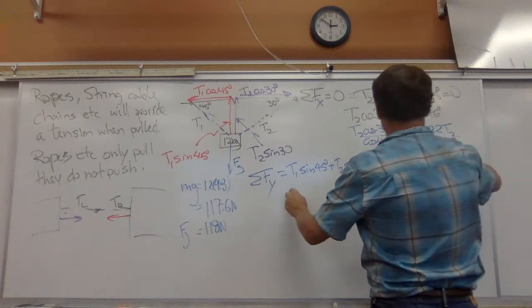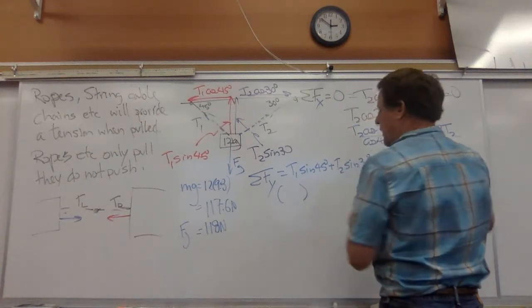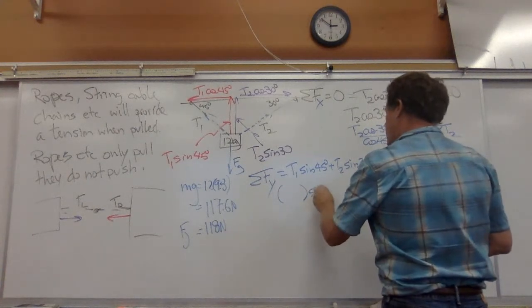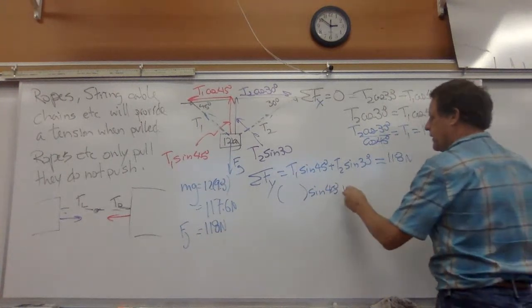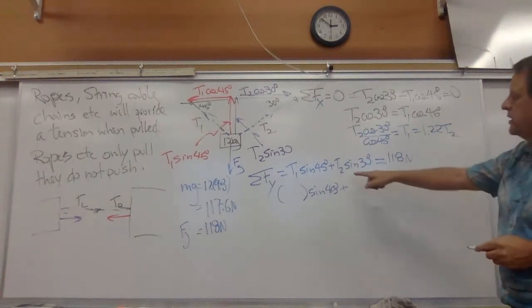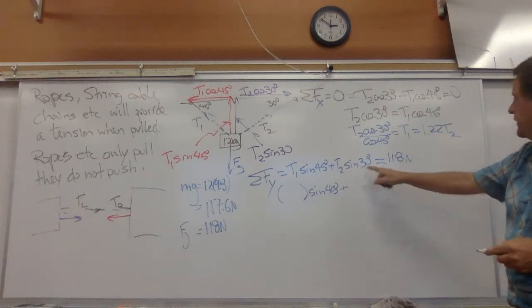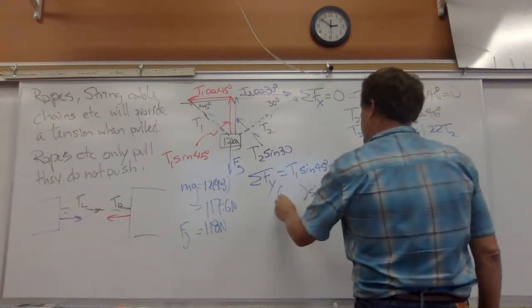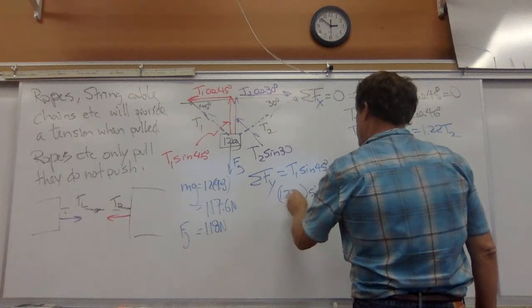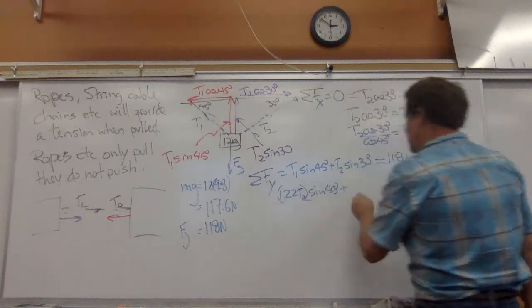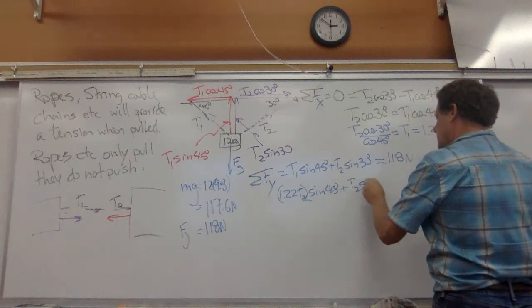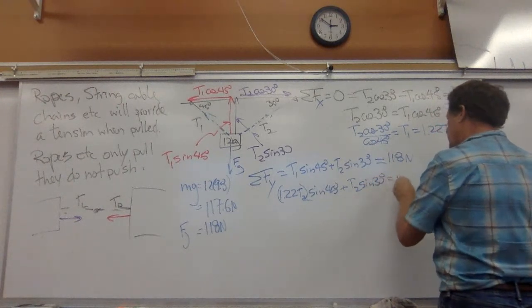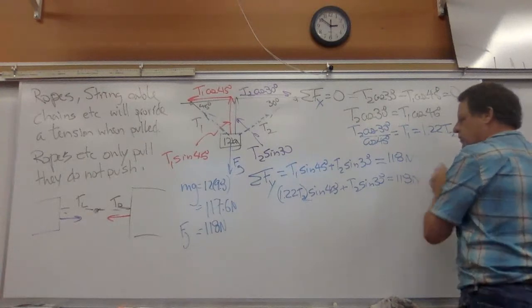Okay, so now we're going to have our T1 times the sine of 45 degrees plus T2 times sine of 30. Now we're going to substitute in here. We're going to have 1.22 T2 sine 45, and then T2 sine 30 is equal to 118 newtons.